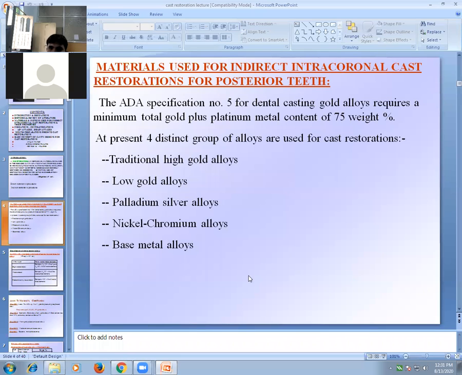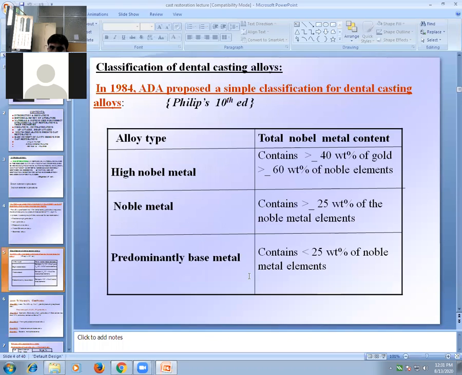So at present, the alloys generally used for cast restorations are traditional high gold alloys, low gold alloys, palladium silver alloys, nickel chromium alloys, and base metal alloys. There are different classifications for the alloys.